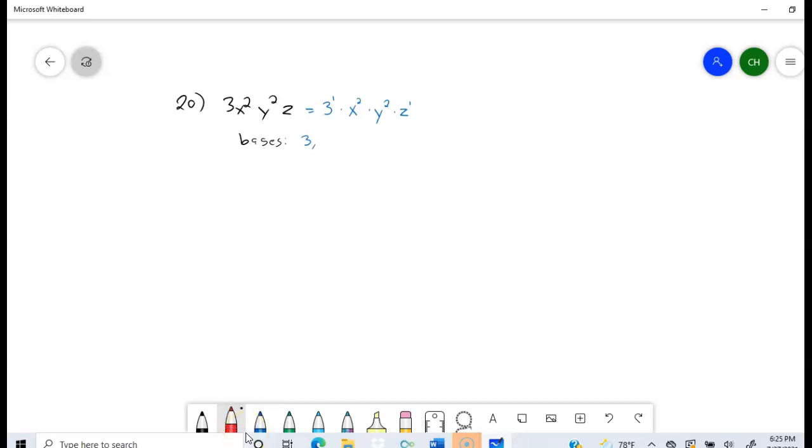So 3, then x, y, z. Okay, our exponents are 1, 2, 2, and 1.